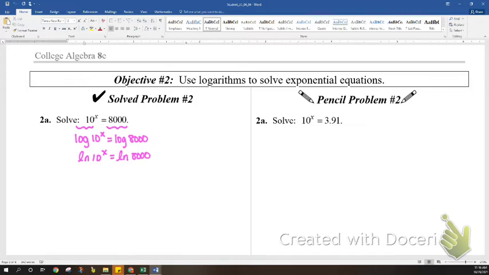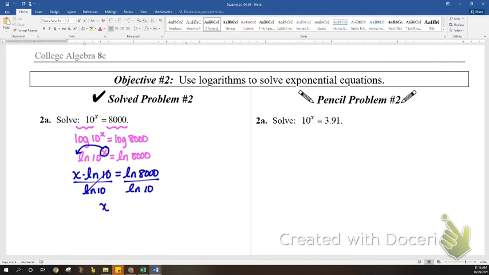All right, so since we have that now, we can take that exponent and move it in front of its log. So we get x natural log of 10 equals natural log of 8,000. So how could we get rid of that natural log of 10? Well, that's x times natural log of 10, so we're going to divide by it.